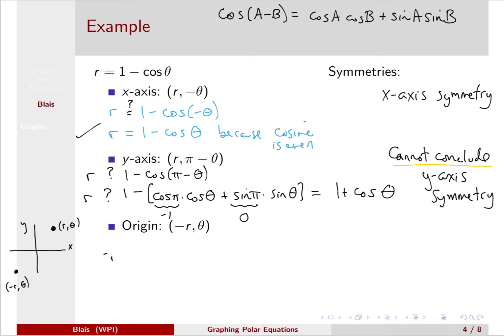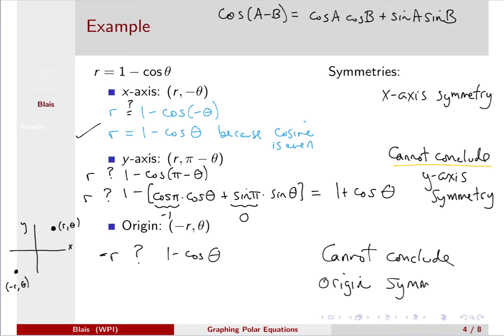So we're checking minus r and 1 minus cosine of theta. Well, we can see we're not recovering the original equation here. 1 minus cosine theta has to equal r for the equation to be satisfied. So we cannot conclude origin symmetry.